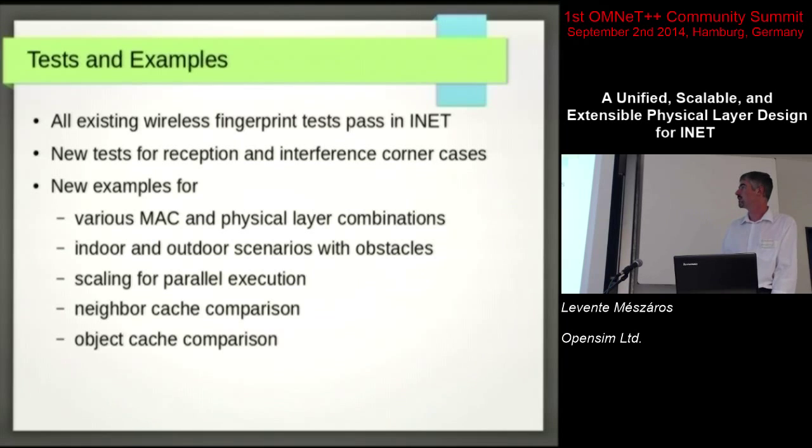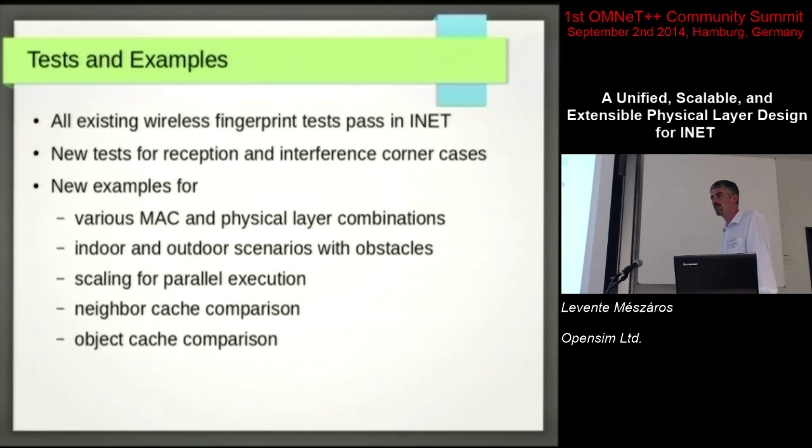Tests and examples. During the development, I focused on being compatible with the old INET implementation with respect to all the fingerprint tests. If someone doesn't know what the fingerprint test is, it is a simple hash computed of the simulation trajectory that includes all the timestamps and module IDs and things like that. So it's quite sensitive.